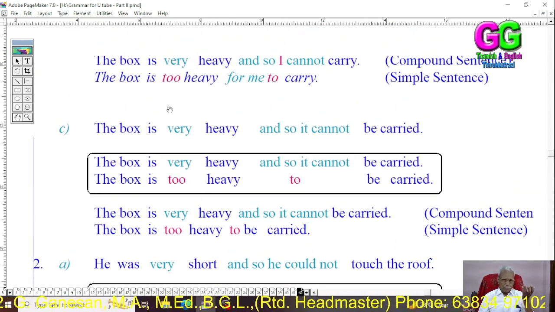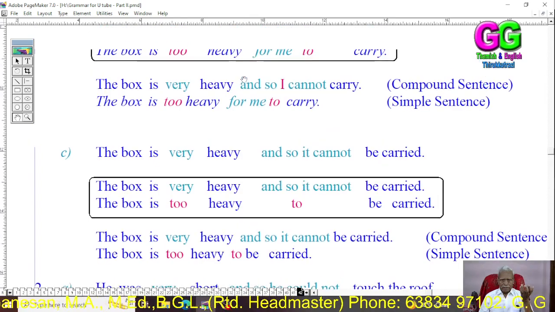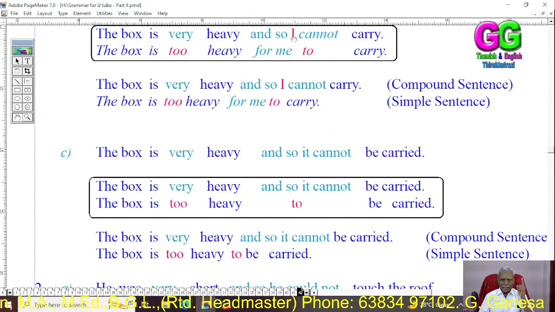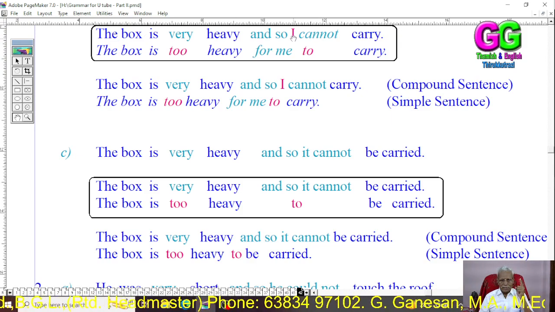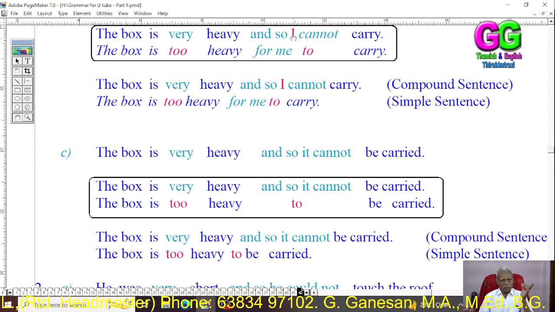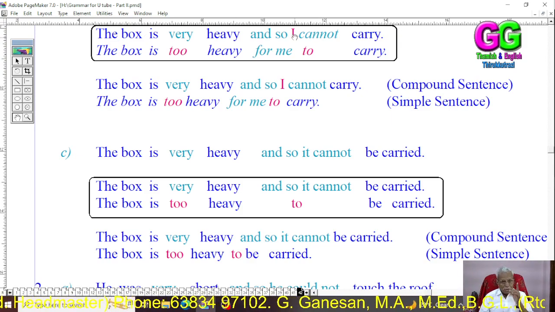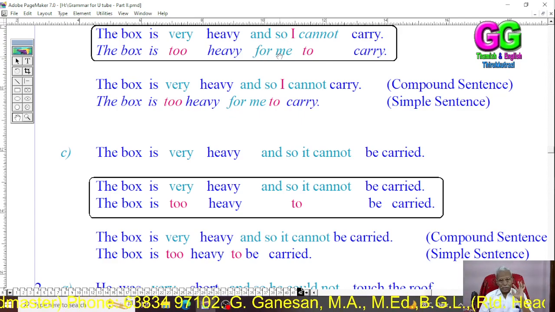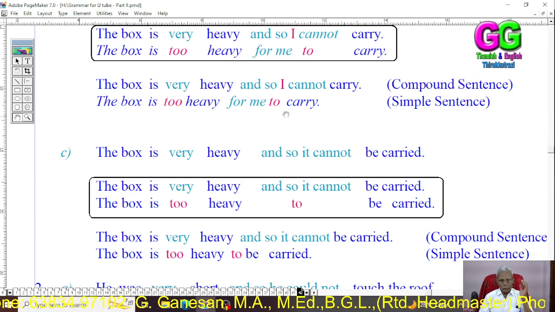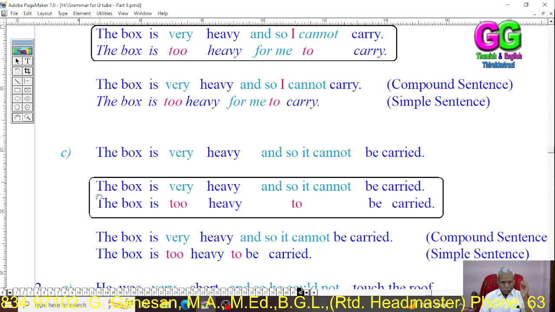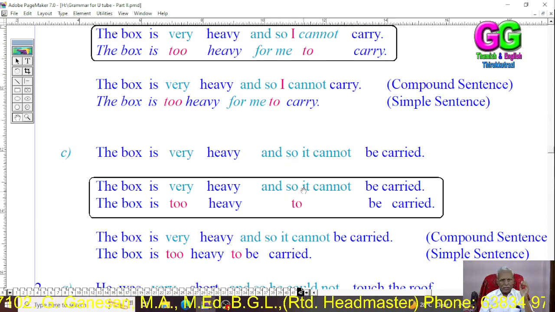Dear students, listen here. The subject in the first sentence and the subject in the second sentence are different. So this subject has been changed into for plus subject, placed before that "to". But see here, the box and "it" are the same.